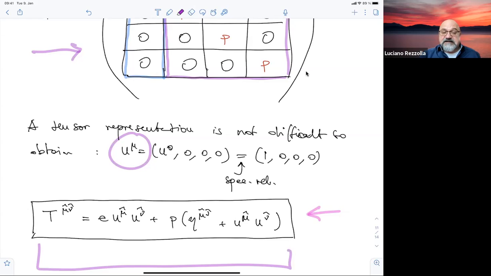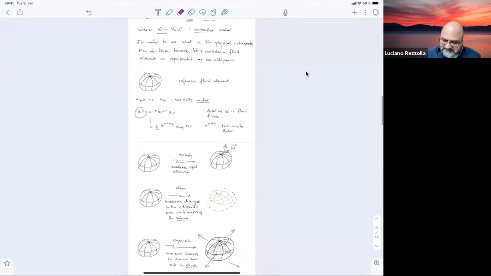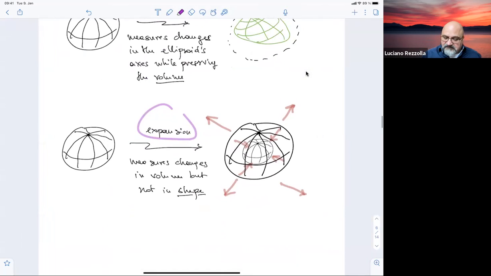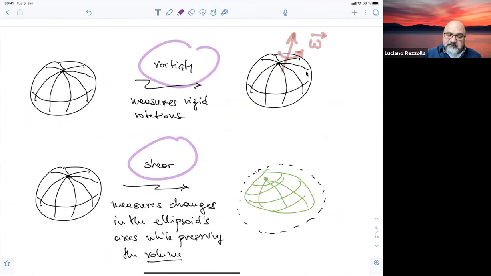And this is what the kinematic description, in particular these nice tensors, tells us about. It's a way of understanding what the fluid looks like. But as in kinematics, there is no information here that tells us why a fluid should be distorted or expanding or rotating. It's just a way of describing it. If you want, it's a vocabulary, a set of words which we can use to describe a fluid.